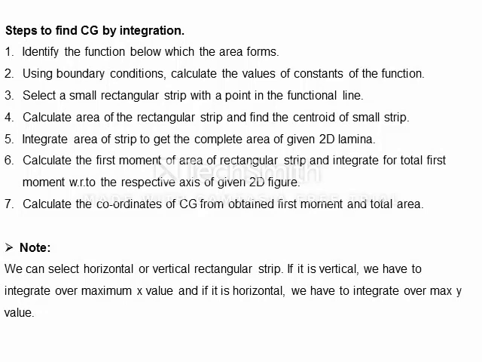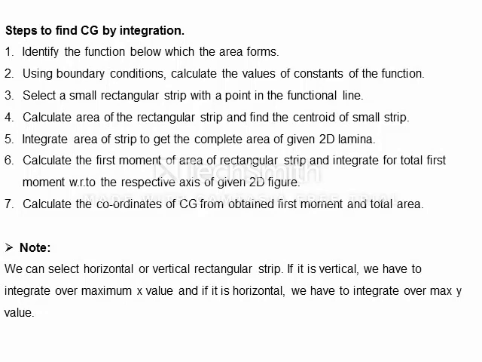One more thing to keep in mind is that we can select either a horizontal or a vertical rectangular strip. If it is a vertical strip, we have to integrate from 0 to the maximum x value, and if it is a horizontal strip, we have to integrate from 0 to the maximum y value.